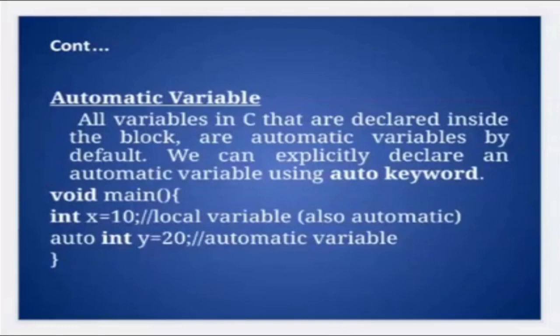Automatic variable. All variables in C that are declared inside a block are automatic variables by default. We can explicitly declare an automatic variable using the auto keyword.